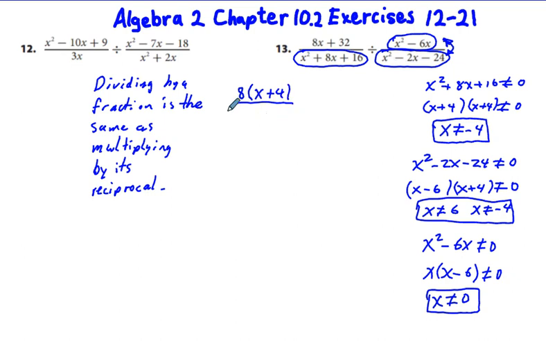And then we're going to have in the denominator here, x plus 4, x plus 4. And that's one advantage of doing the excluded values first, because we can rewrite these expressions in factored form. So now we're taking the reciprocal of the second rational expression, which is going to be, as we worked here earlier, x minus 6 times x plus 4.